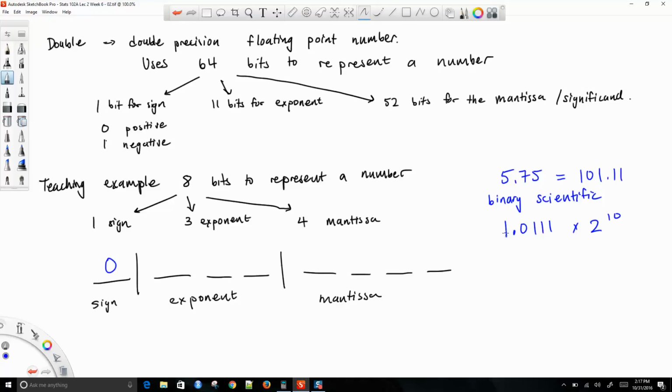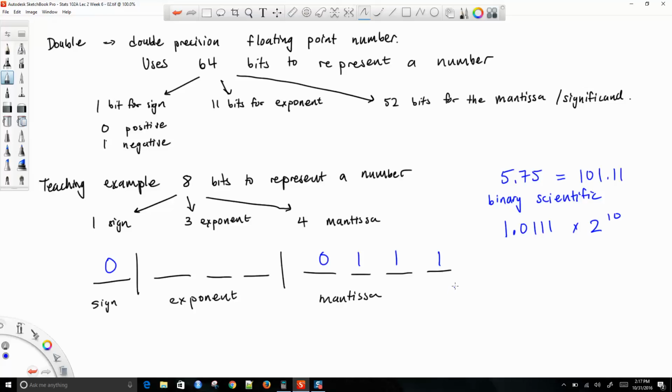It's always going to be a 1, because if the leading digit was 0, that's not how it works. And because it's binary, if it's not a 0, it's always going to be a 1. So there's no need to actually store this 1 here. We can just assume that this is always going to be a 1, and so our mantissa will be just the trailing digits. So we'll put in 0, 1, 1, 1.